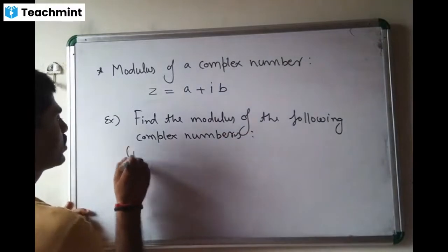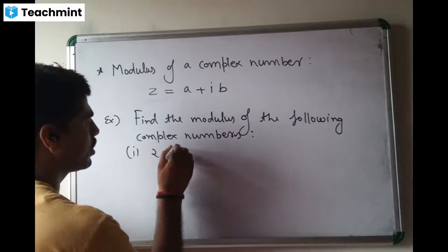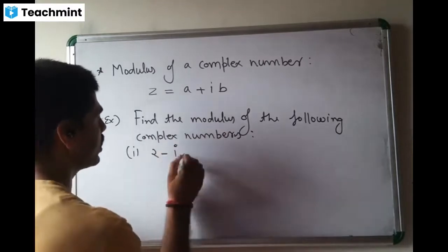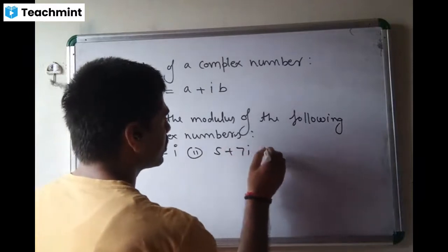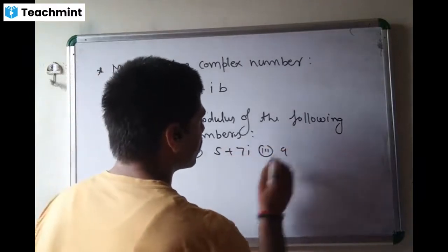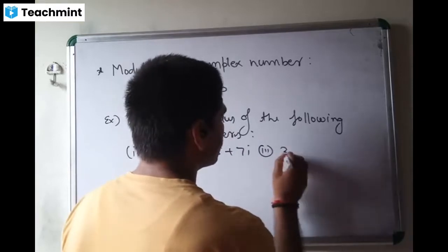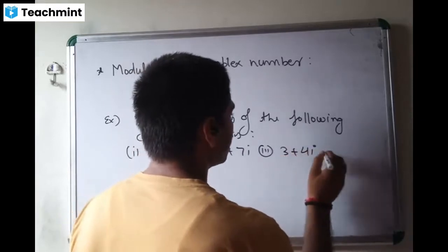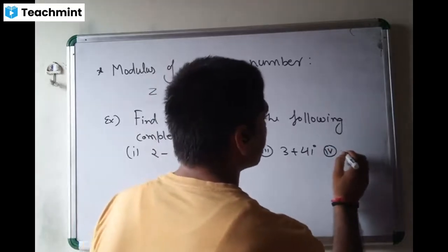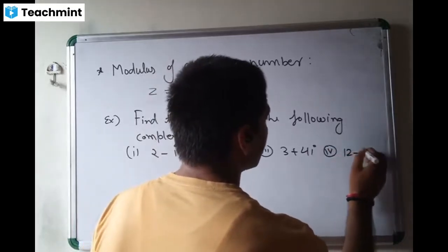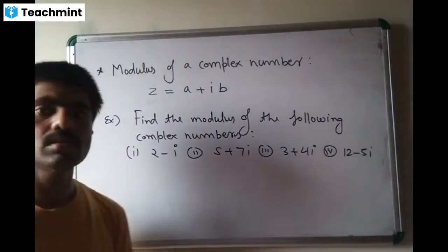First is 2 minus i. Second one is 5 plus 7i. Third one is 3 plus 4i. And fourth one is 12 minus 5i. Is that okay? Yes.